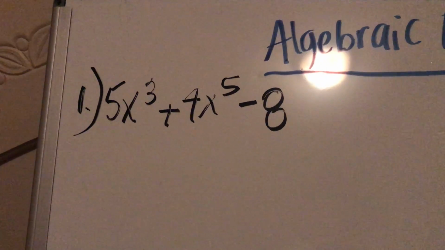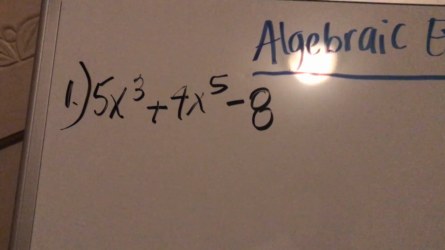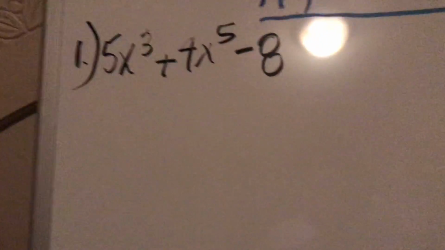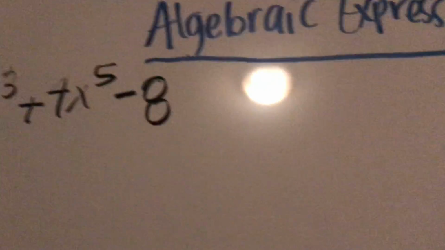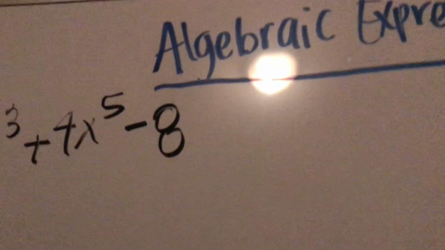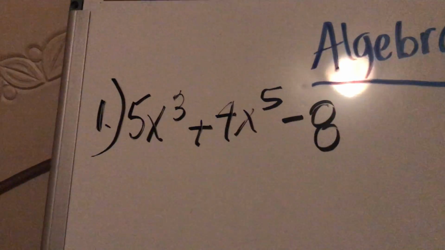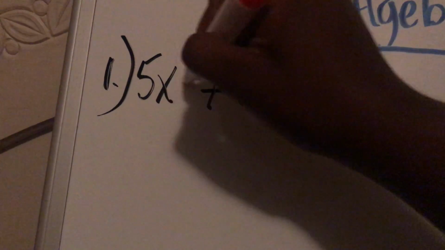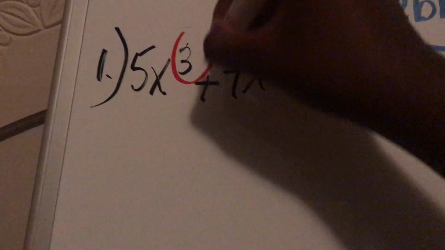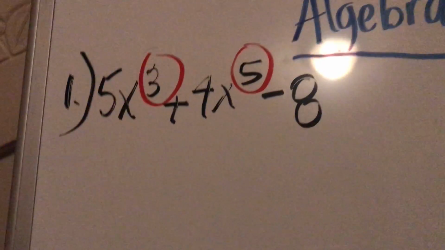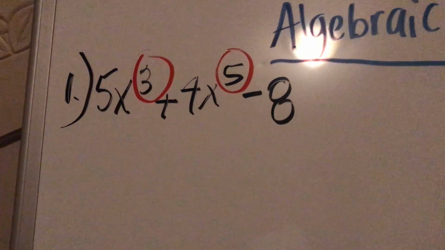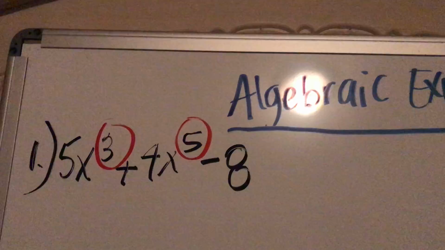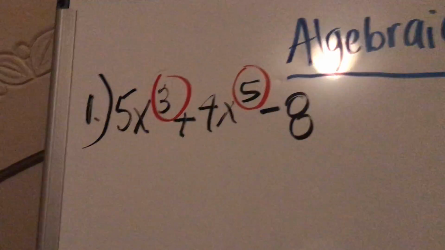So the way to put it in standard form is just to put it in order by the exponents. If you look here, you have a 3 and a 5. So you put them in order from the greatest to the least.